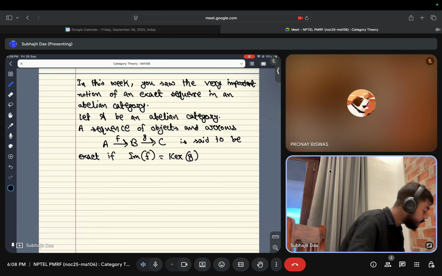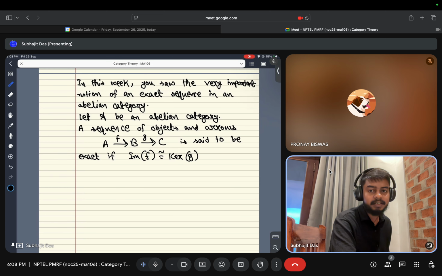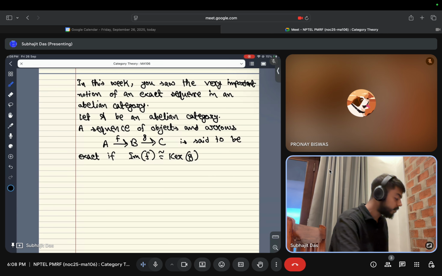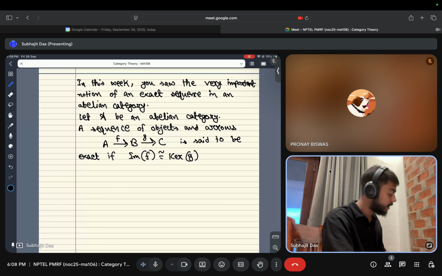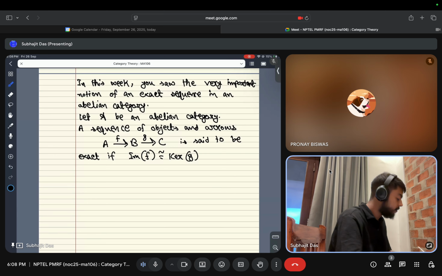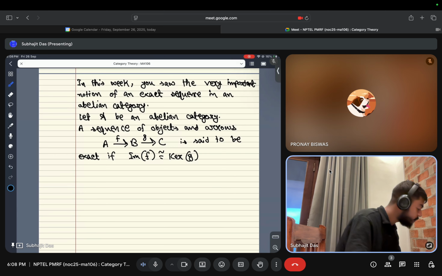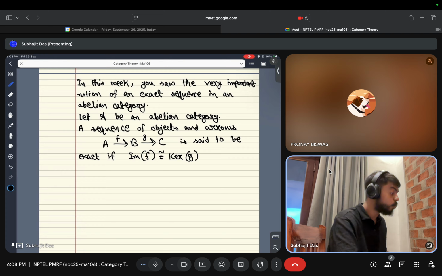But sometimes people do relax this condition and instead just ask for an isomorphism from im f to kernel of g. But I would advise that if you are working with this notion, it's better to always consider equality because there's no harm in doing that. But again, category theory, so isomorphism; strict equality is something which is too strict for us.